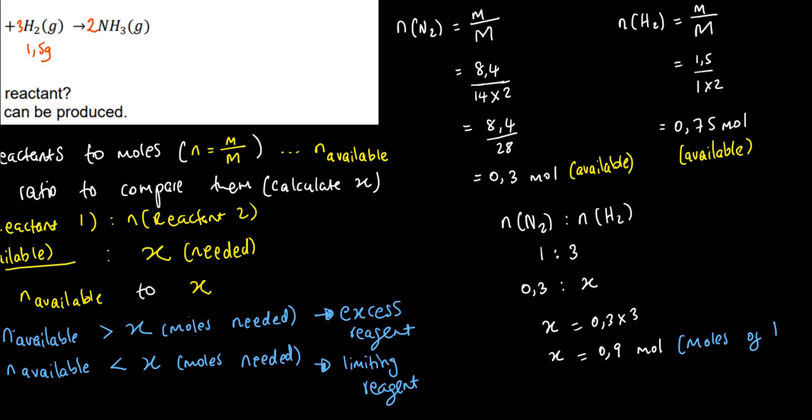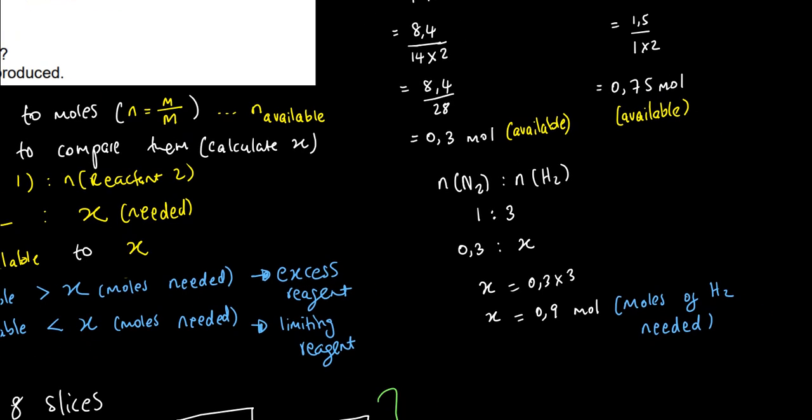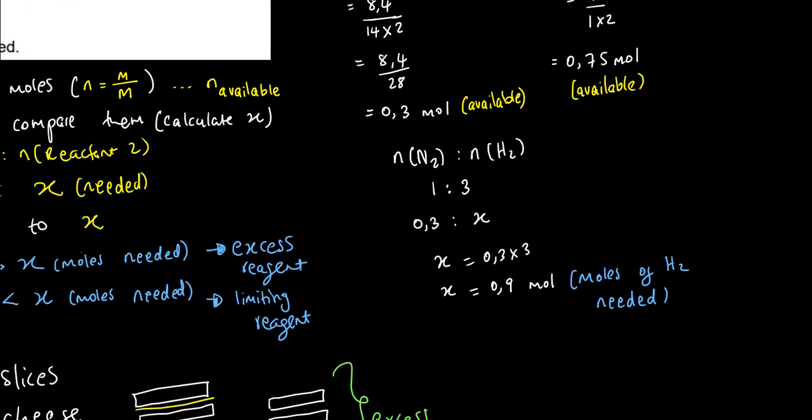So now let's compare the moles of hydrogen that are needed to the available. For hydrogen, the number of moles that are available is 0.75.